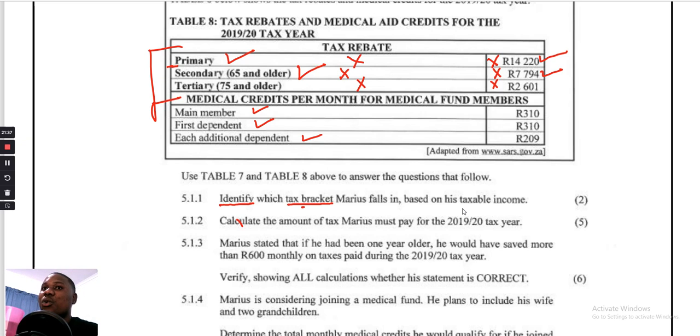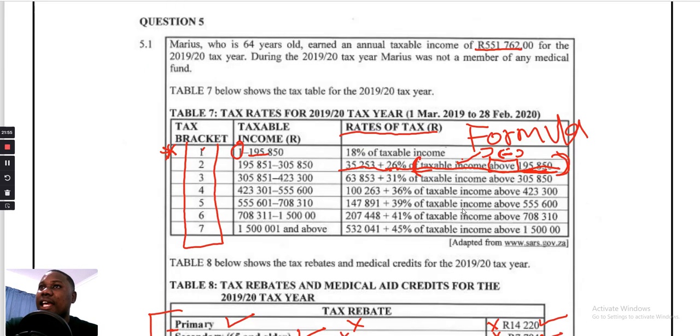Okay, so we understand that for us to use the tax table and identify the tax bracket, we need the taxable income. According to the information given, we are already presented with the taxable income.